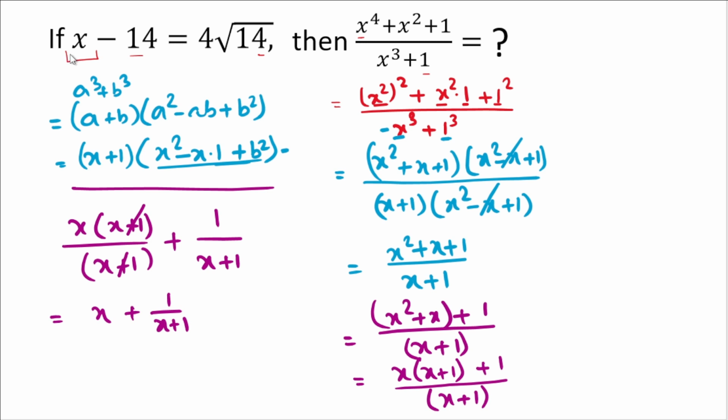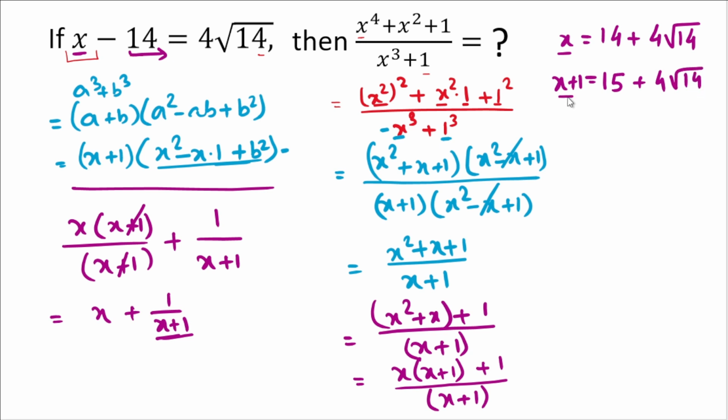In the next part, we will focus on the x value. x is equal to, taking 14 to the right-hand side, it will be plus 14, so x is 14 plus 4 square root 14. Now we have to calculate x plus 1, so we add 1 on the right-hand side: 14 plus 1 is 15 plus 4 square root 14.